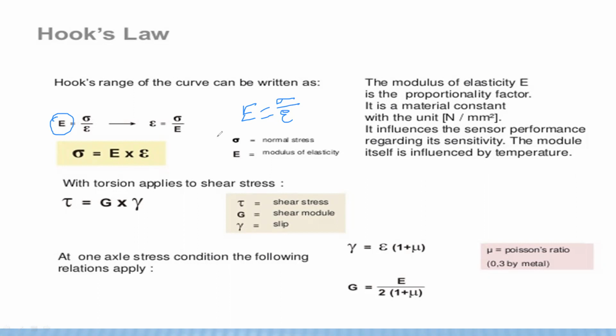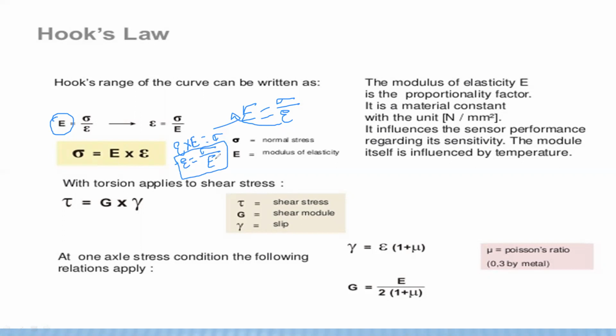If we rearrange, epsilon into E is equal to sigma. I can write strain epsilon is equal to stress by modulus of elasticity, that is epsilon is equal to sigma by E. So that is the final.